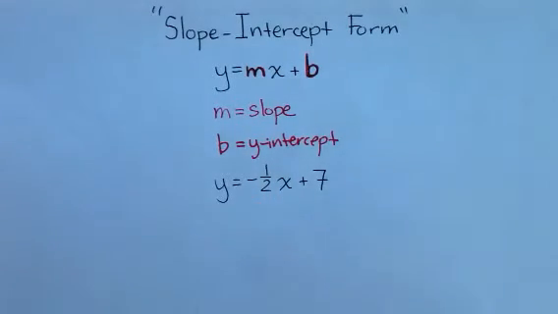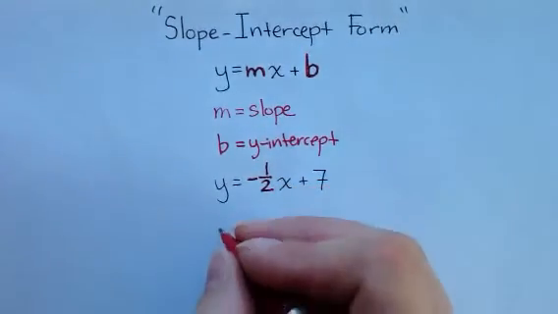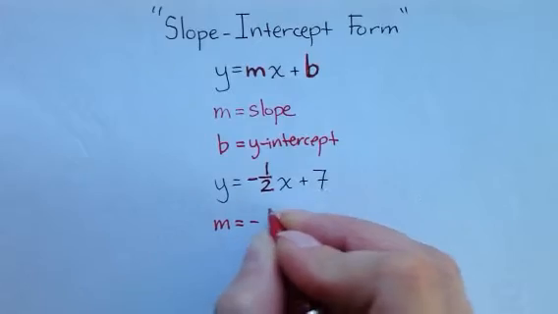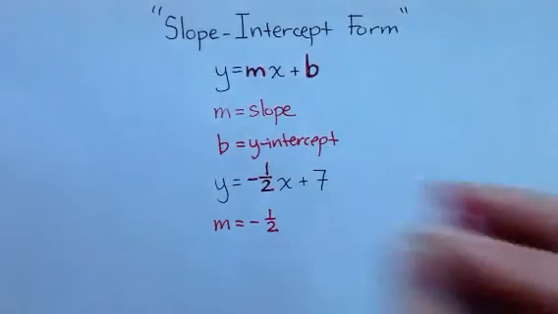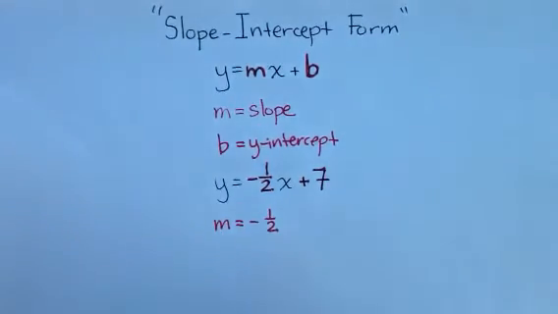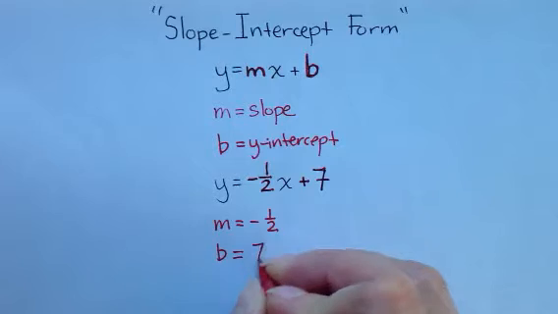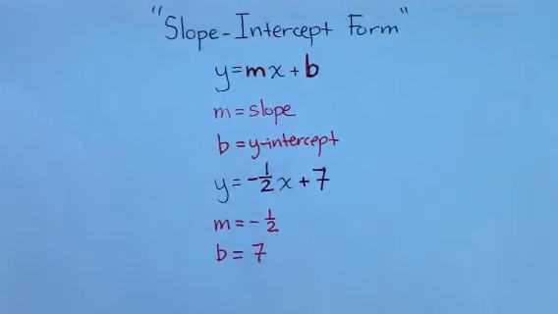So the coefficient, the negative 1/2, is going to be our slope. The constant term, and don't forget to include the sign, is our y-intercept. So our y-intercept in this case is 7. And again, if we have these two things, we start by graphing the y-intercept. You have a point, use the slope to find a second point, and bam, you've got a line.